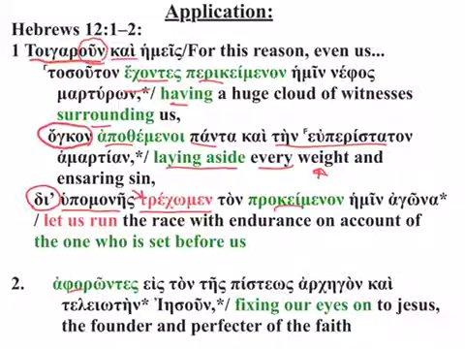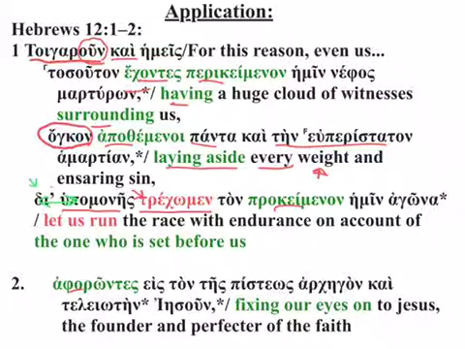Hupomones, let's run the race with endurance. So this right here is endurance, and it's in the genitive case. Most translations put these together, dia and hupomones, but they translate dia as with, which is possible.